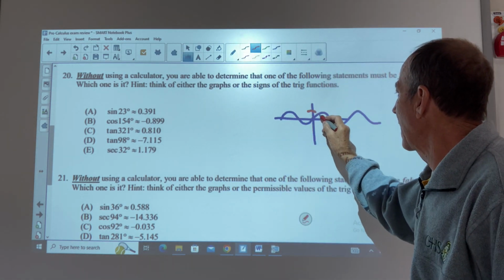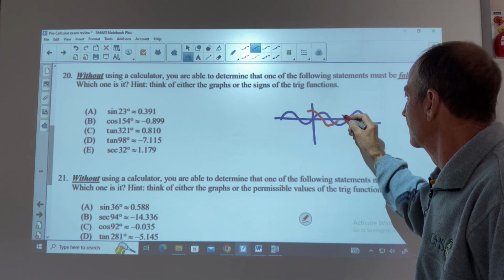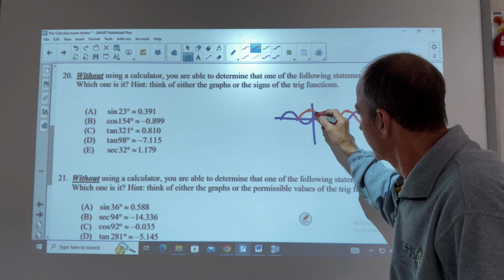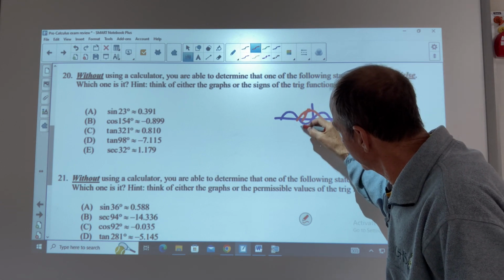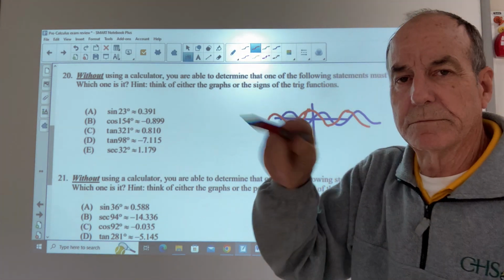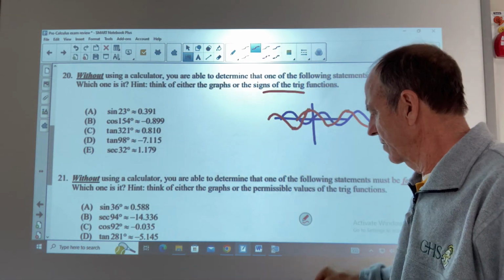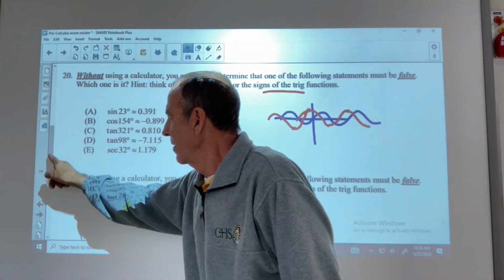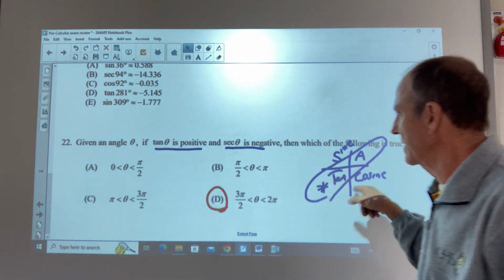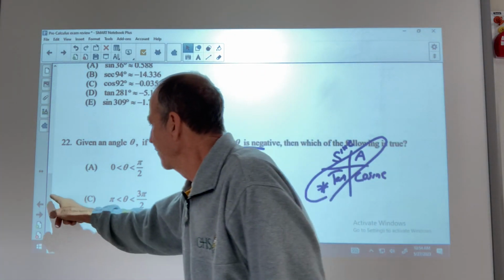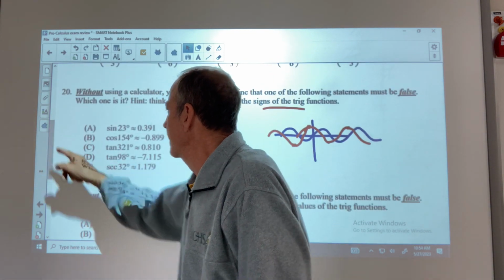So here's sort of the graphs of the trig functions anyway. Okay, so waves. We did the signs of the trig functions down here as well. All Students Take Calculus.